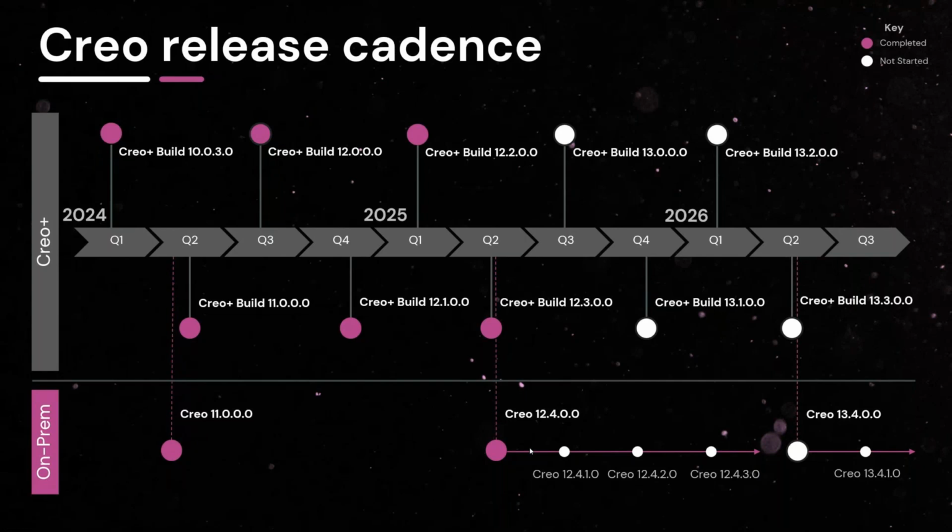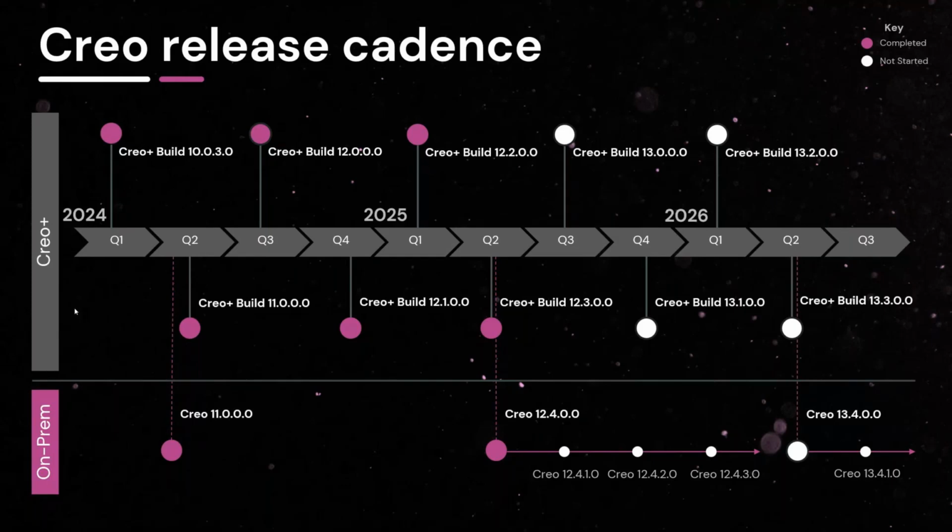The reason behind this is that a few years ago, PTC introduced a SaaS offering, a software as a service offering for Creo Parametric, which is Creo Plus. The cadence at which these are now moving forward is that Creo Plus is always a year's development cycle ahead of the on-premise version of Creo.